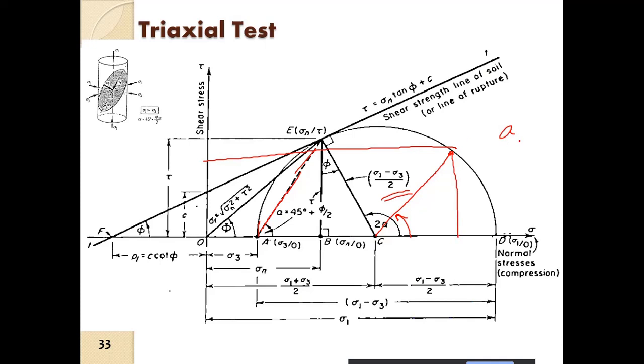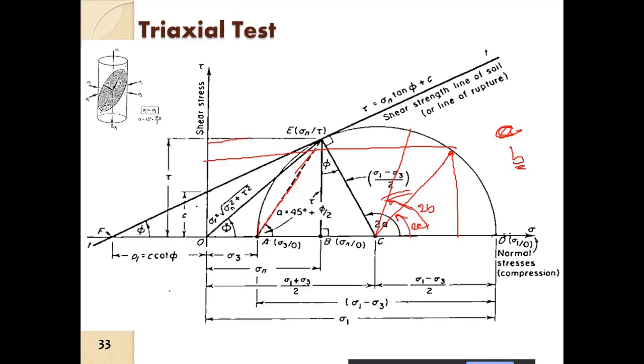If we consider an angle, suppose B, this is angle B, this is twice B, and suppose C, this is twice C. A is already shown. What is the stress condition on a plane inclined at angle B?